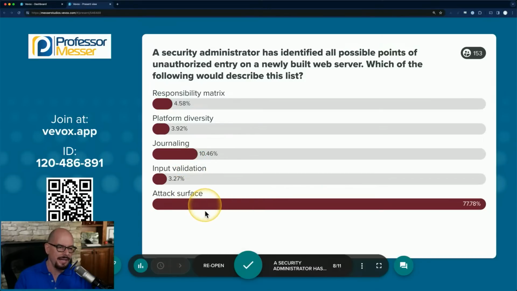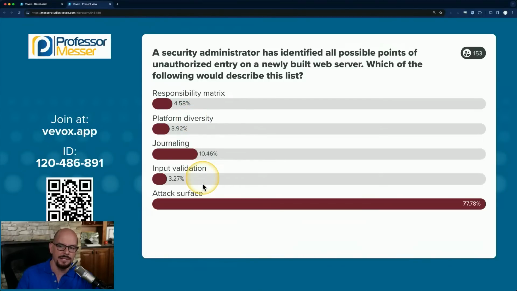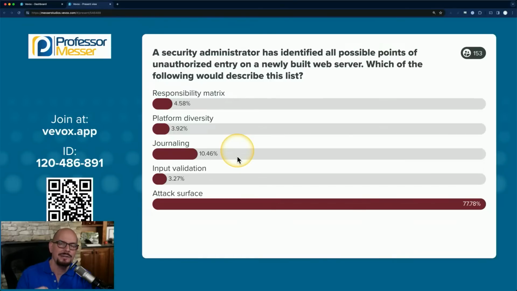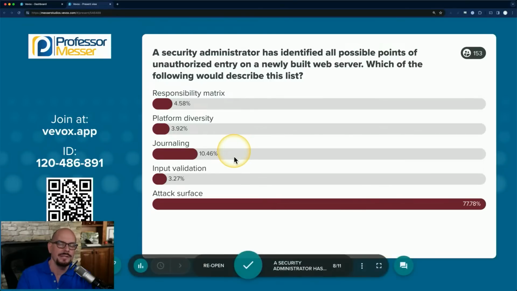77% of you chose that as the right answer, but all of these are real things. All of these are actual issues and topics that may be found in your exam objectives. For example, journaling, 10% of you chose that one. Journaling describes a way to maintain the integrity of data that we happen to be writing to a server.